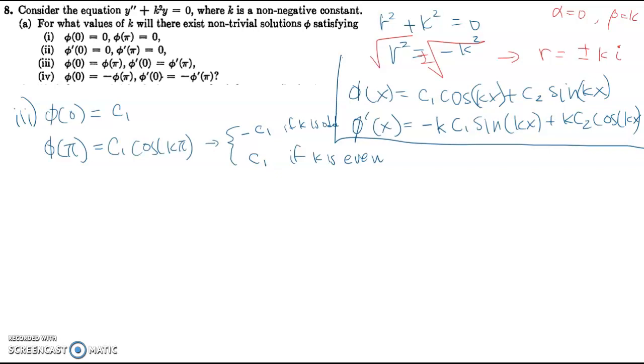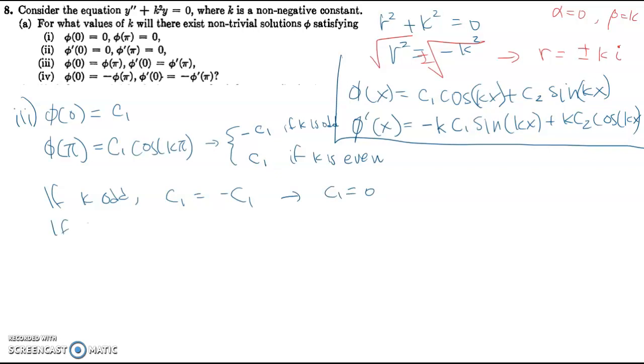So we're going to have different values. We have to be careful here. Let's say that k is odd, then we're given that these two things are equal. So if k is odd, then we have c1 equals negative c1. This can only have one solution: c1 has to be 0.